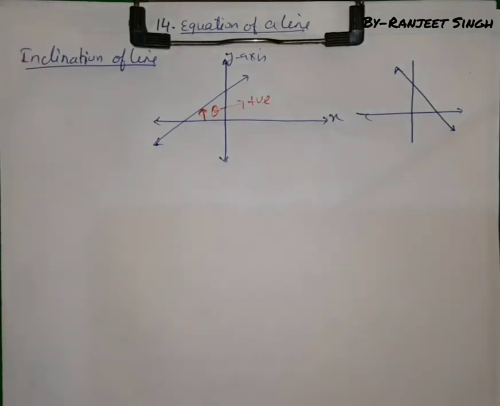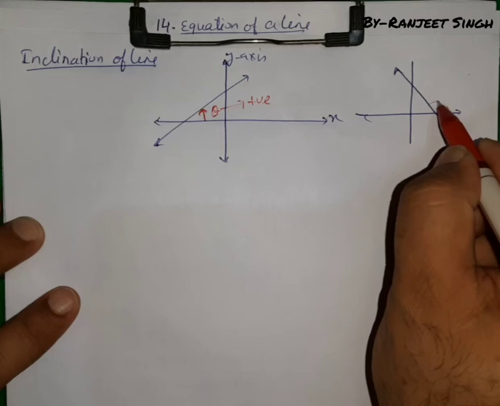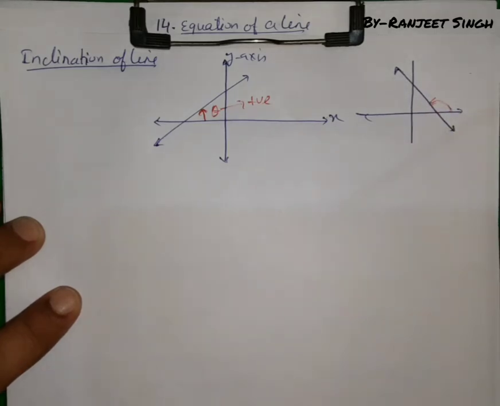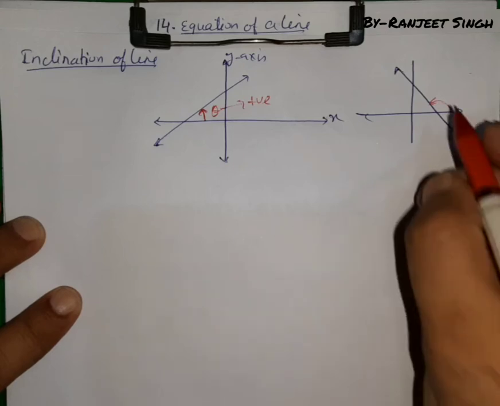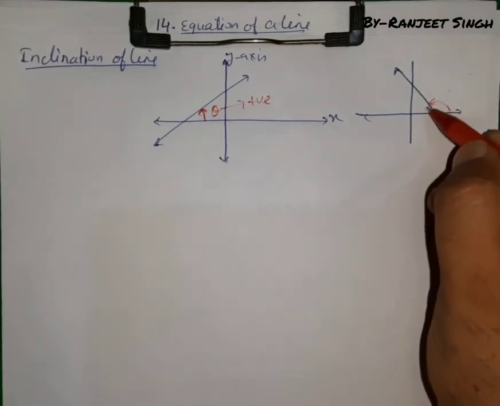Now since in our 10th class we are using the angles up to 90 degrees only, so here actually this is the inclination, means in anti-clockwise direction this should be the angle made by the line with the x-axis. But here let us say that this angle is 135 and this angle is 45 degree.